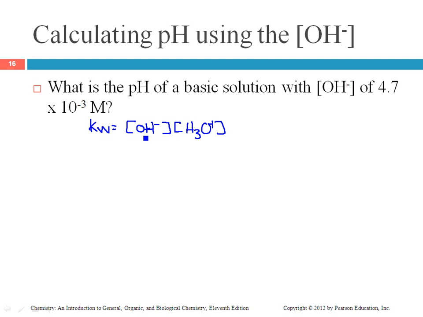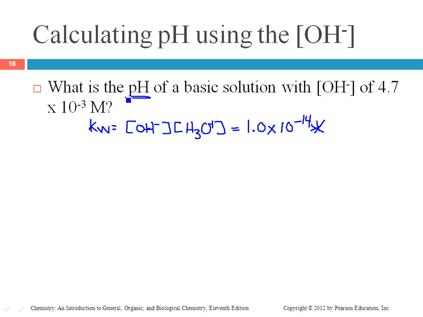Hydroxide is representative of a base, hydronium of an acid, and this is all due to the fact that water can act as an acid or a base. This number, 1.0 times 10 to the negative 14, is one you want to be sure you know. If we're given a hydroxide concentration, we can rearrange this equation and solve for hydronium concentration. Then once we know that, we can take the negative log and we have our pH.